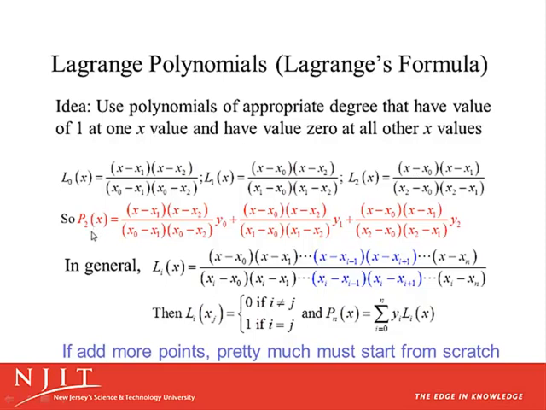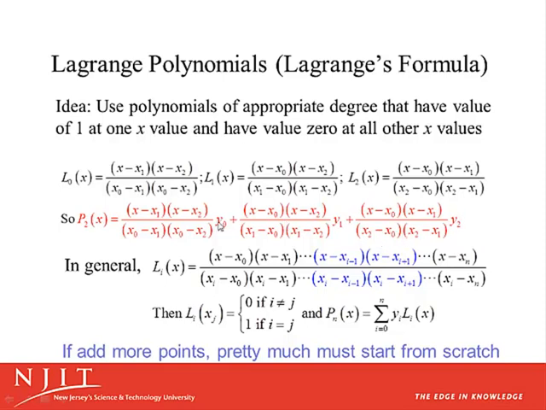And therefore, we can write the quadratic polynomial through 3 points, x0, y0, x1, y1, x2, y2, as the sum of these 3 functions. This function is equal to 1 at x0, so it would be 1 times y0 there. The middle piece is equal to 1 at x1, and so we multiply by y1, and so our polynomial will equal y1 at x1.